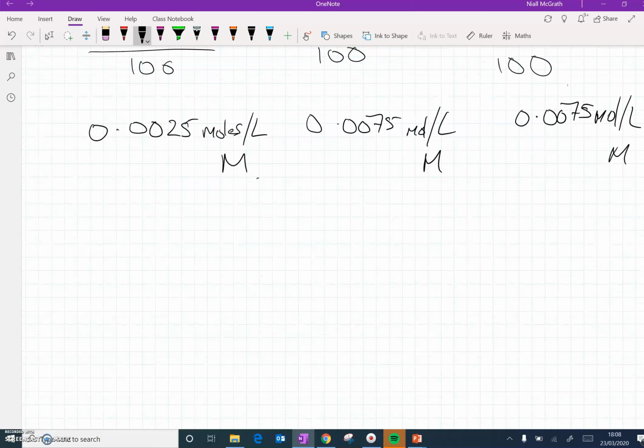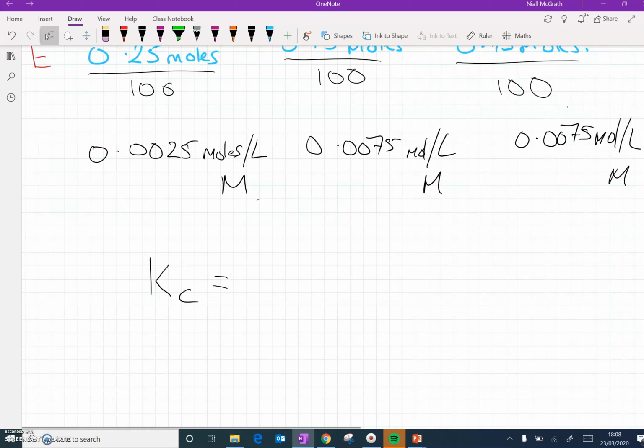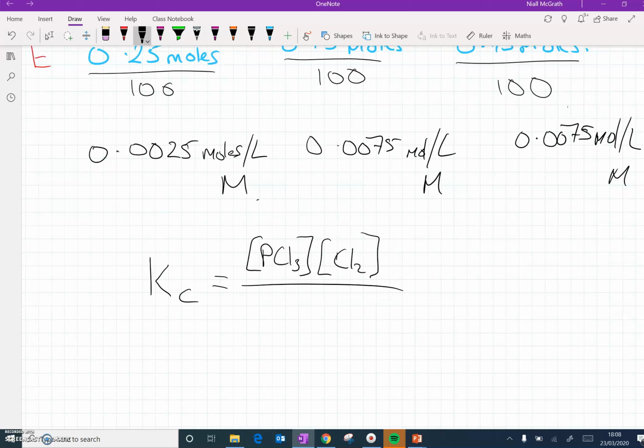We then use these to sub into our expression for Kc. If we remind ourselves again, it's going to be the concentration of PCl3 by the concentration of Cl2, over the concentration of PCl5.